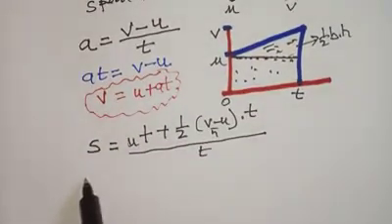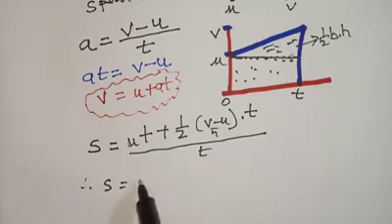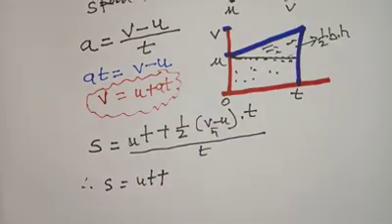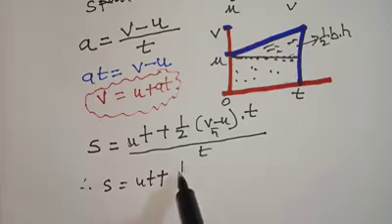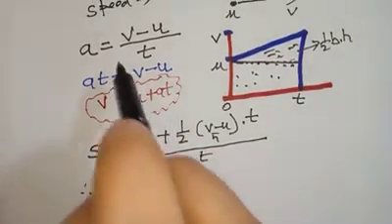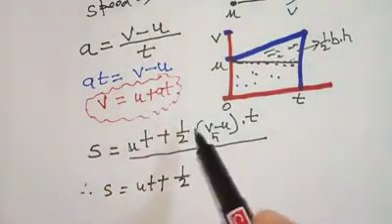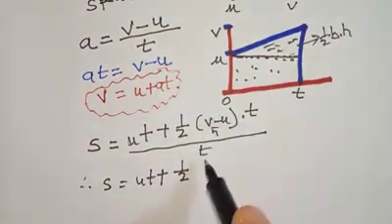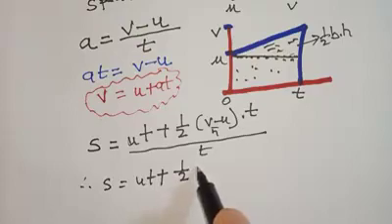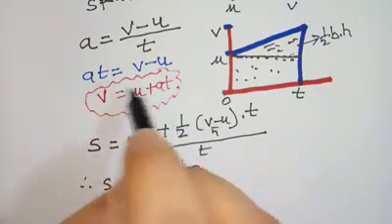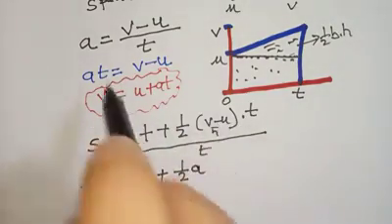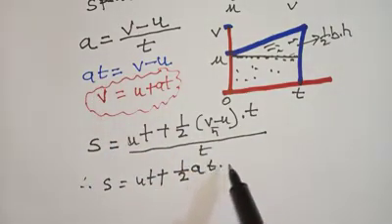So therefore s equals ut, I substitute this ut part, plus half of this one, which is v minus u by t. This is a, so I substitute this entire part by a. V minus u by t is a, and this part I am substituting by a times t.